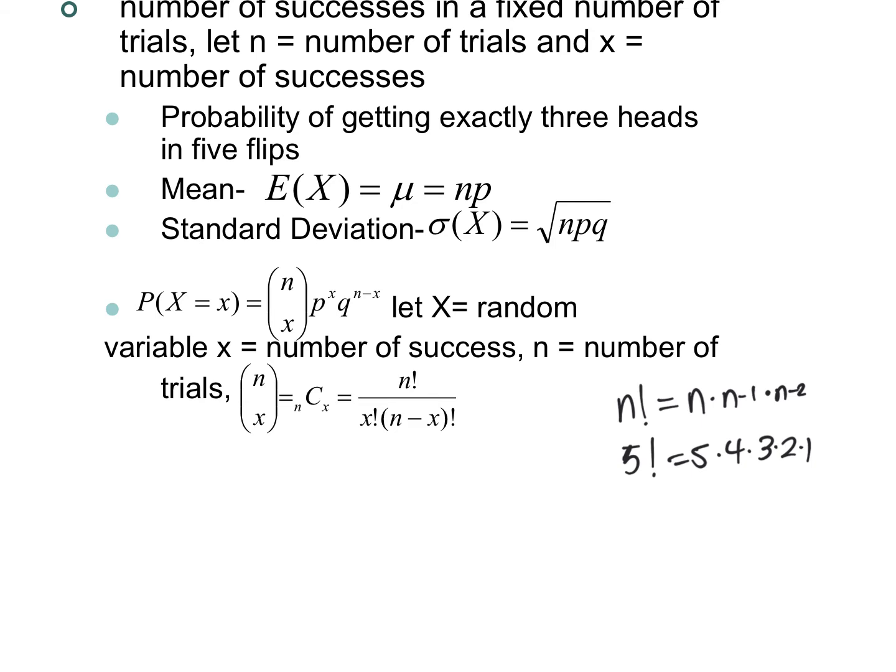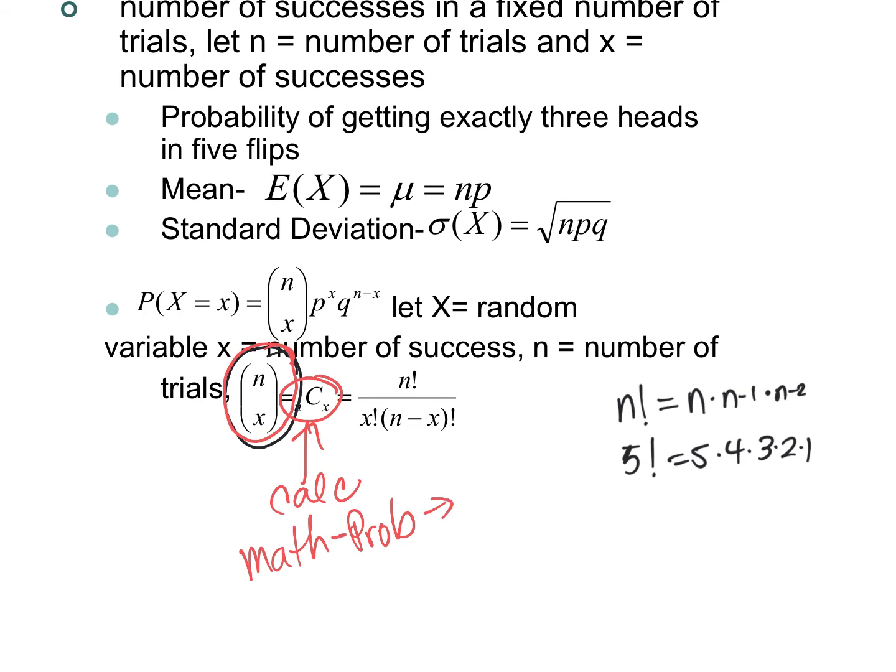This is the formula for it. You don't really need to use the formula. It's done in your calculator. It is usually written like this in statistics. It's written like this in your calculator. It's math, probability, NCR.